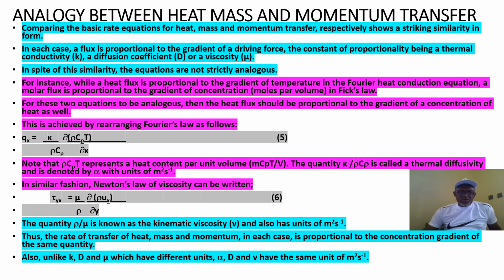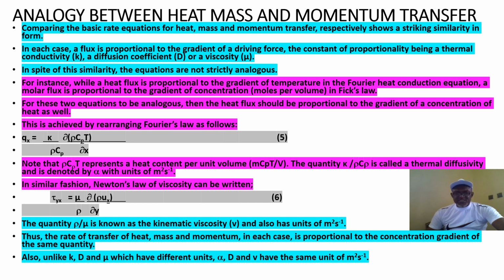Note that rho Cp T represents the heat content per unit volume. And K over rho Cp is called thermal diffusivity, which we mentioned also. In a similar fashion, Newton's law of viscosity can also be rearranged this way, so that the quantity mu over rho is known as kinematic viscosity.